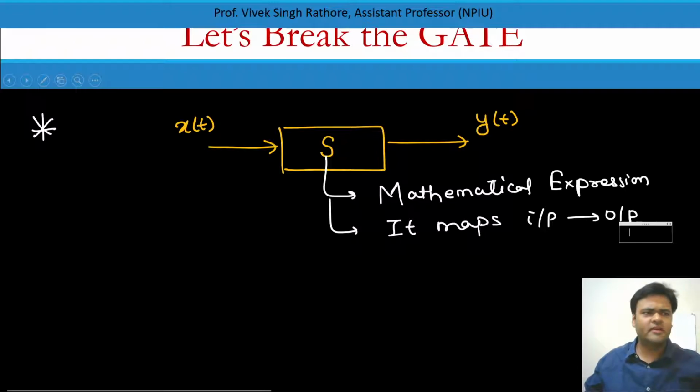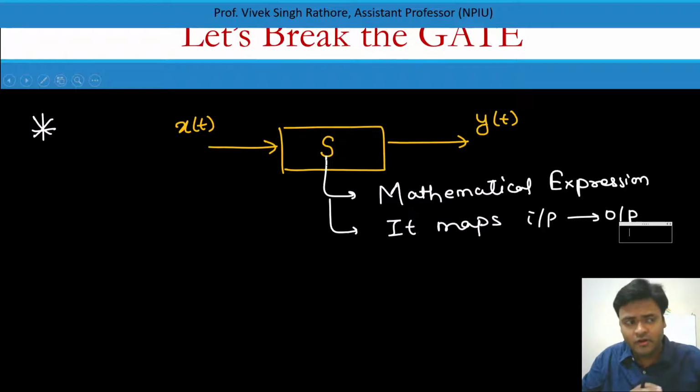Simple concept is there. See, any system can be defined in many ways, like how it can relate your input signal to output signal, or what type of physical composition a system has. We can also express our system as a differential equation, or a difference equation if it is in discrete time.